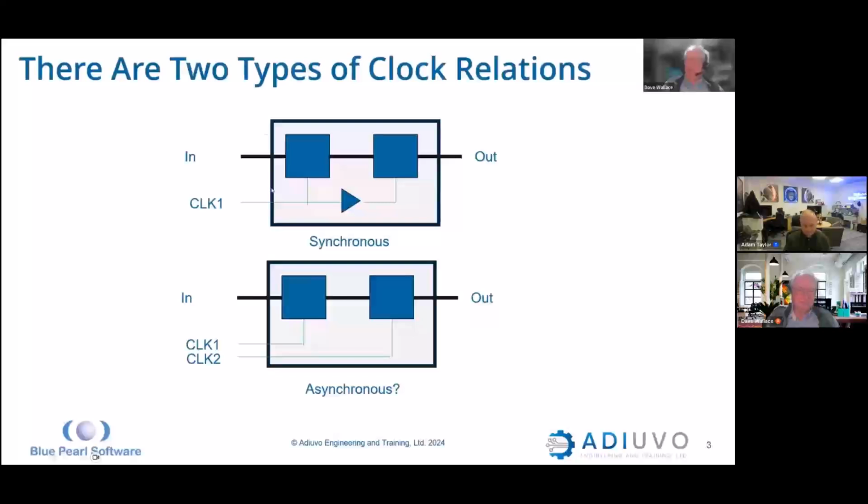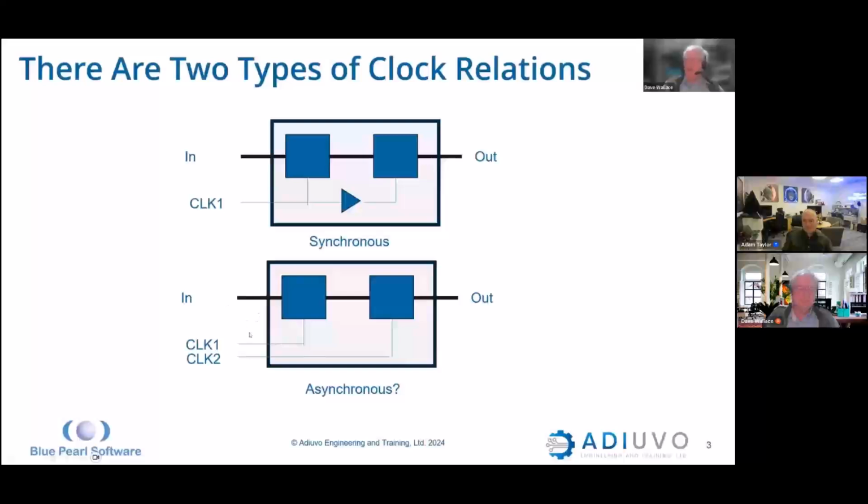Do you know how a clock edge on the first side interacts with a clock edge on the second side? If so, you can use static timing analysis to verify your timing, and everything's good. Groups of synchronous clocks define a clock domain, where each clock in the domain is synchronous to every other clock. That's the ideal state.